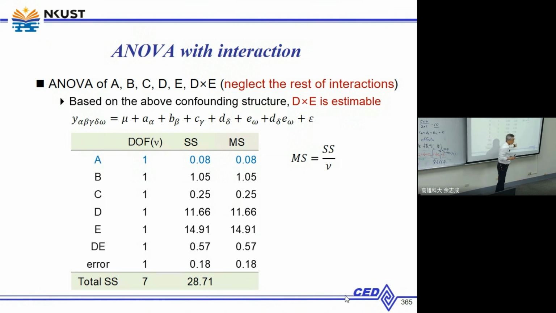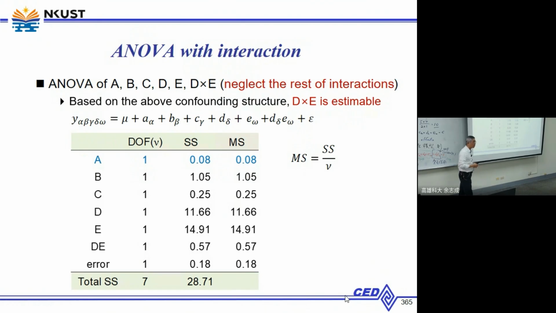This is the error term, okay? So we can use this as a criterion to determine whether these effects are significant or important or not. If this value is smaller than that, you can say these effects are not important.